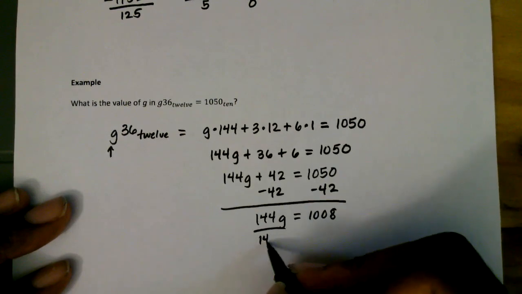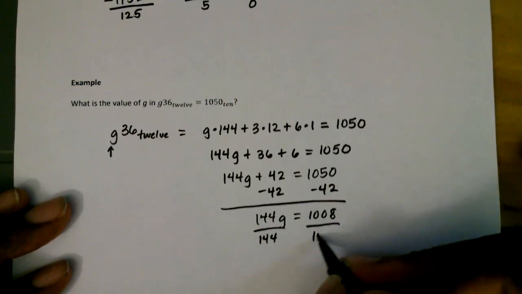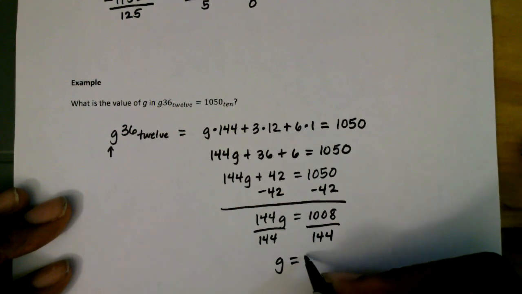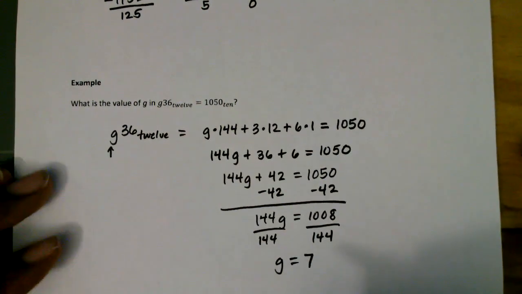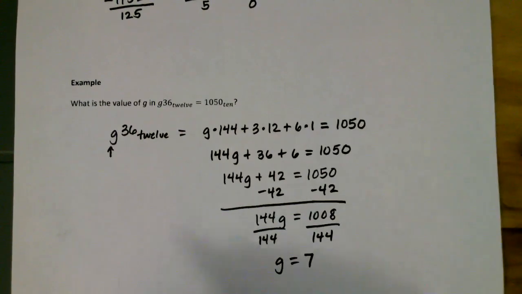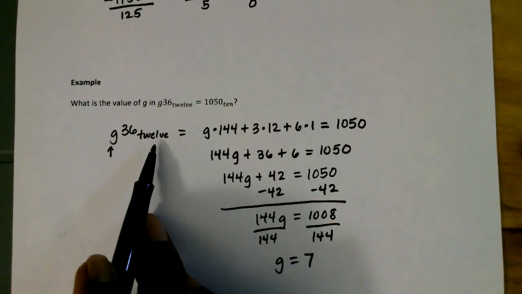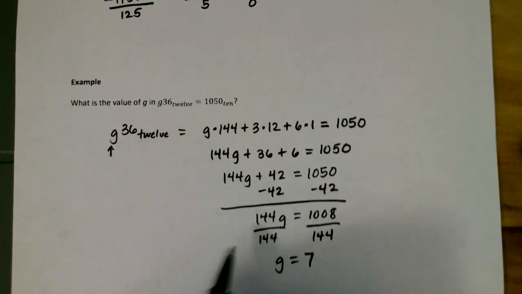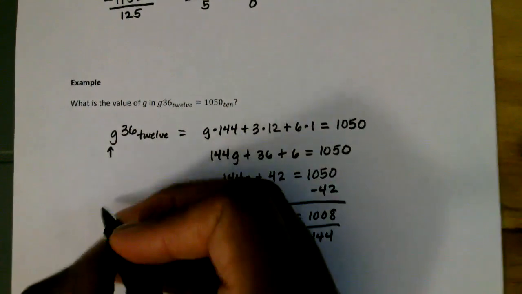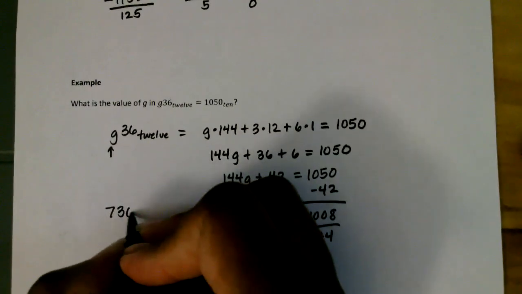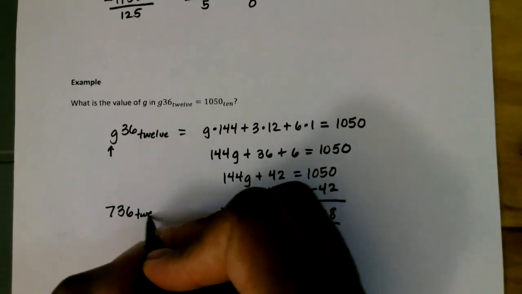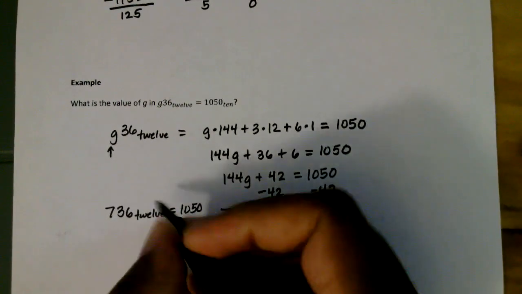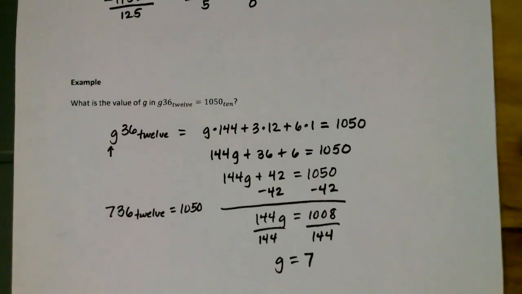And if I divide both sides by 144, that would mean G has to be equal to 7. So the value of G in G36 base 12 for it to be equal to 1050 will have to be 7. So I'll end up with 736 base 12 being equal to 1050 in base 10.